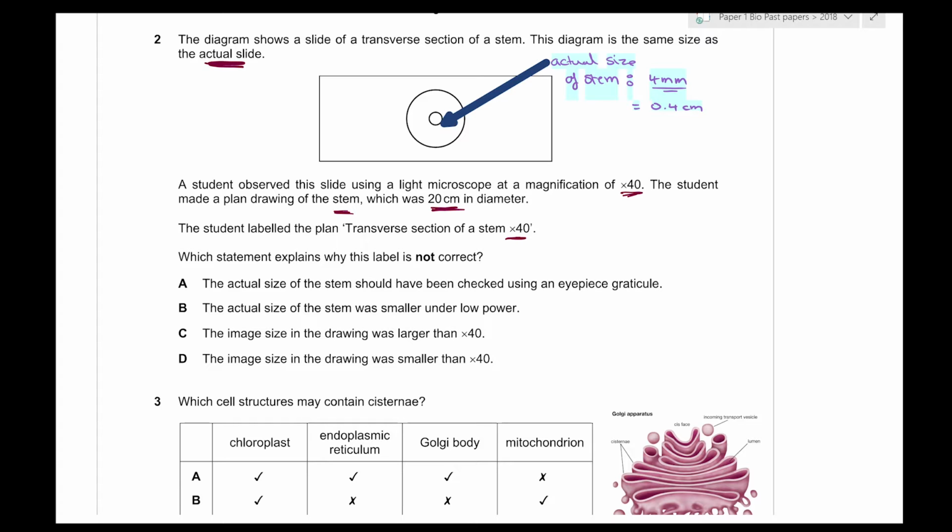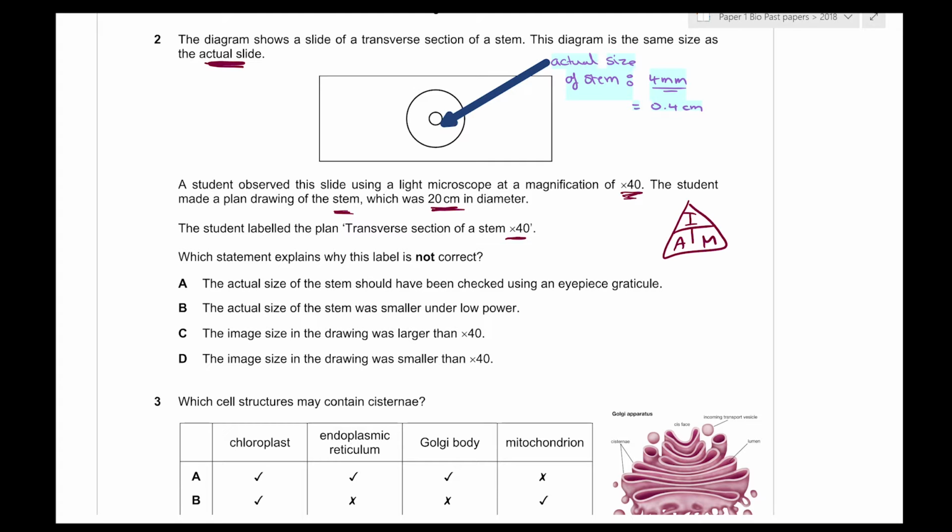Now, we have to do a few calculations. Now, the actual size measured prior on paper was actually 4 millimeters. And here we have the magnification. Therefore, we could actually multiply the real image size, not the one that the student has calculated. Therefore, to do this, here we have an equation, I equals M times A, for magnification.